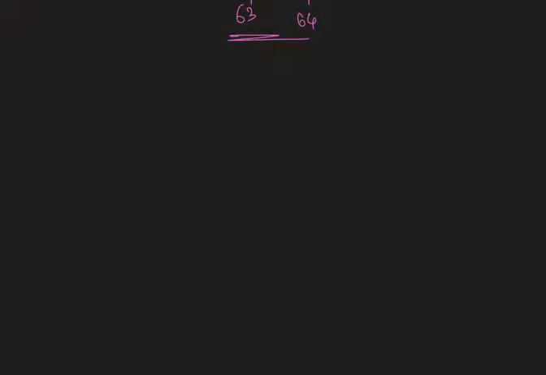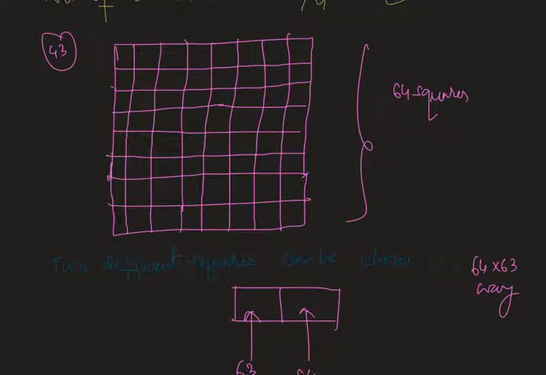Now let's check the favorable cases. For each of the four corner squares, the favorable number of cases is 2. This is a corner square, this is a corner square, this is a corner square, and this is also a corner square. And for this square, the favorable cases are these two portions.